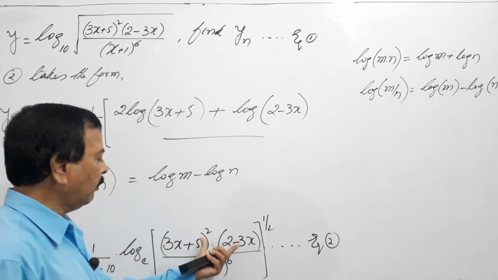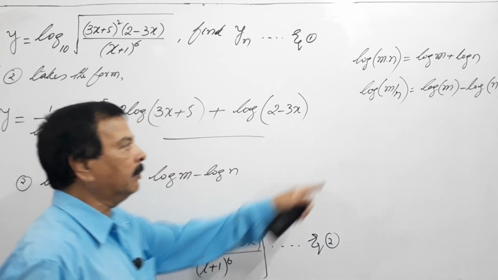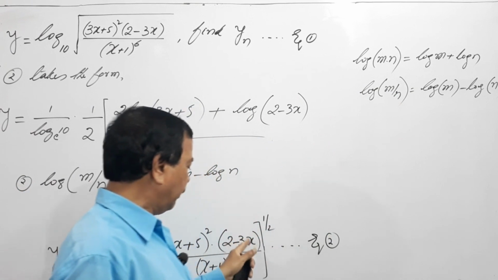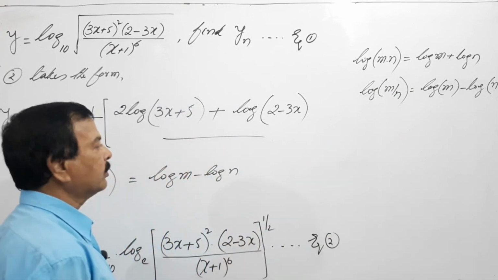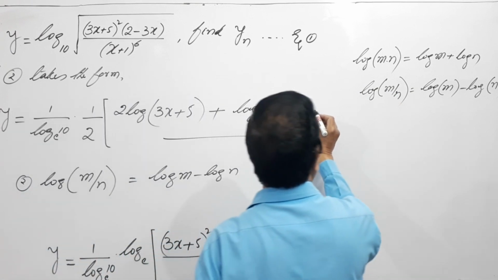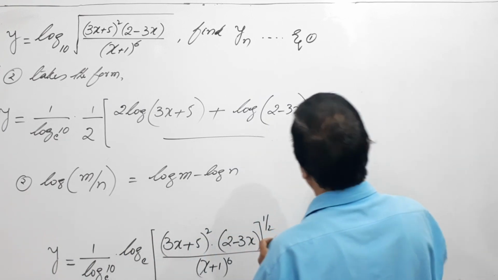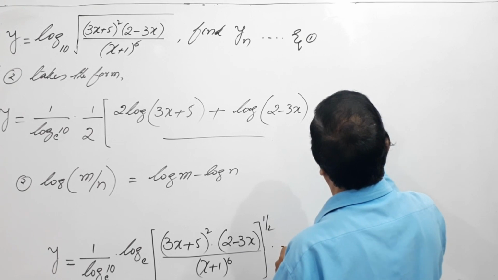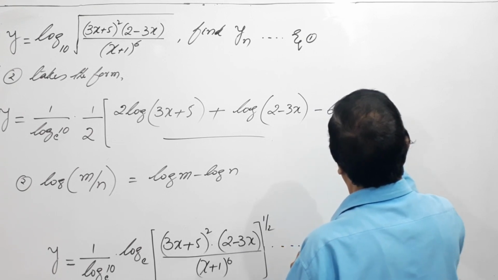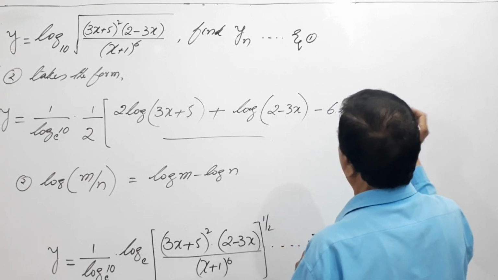So here we have divided by x plus 1, which is nothing but log m by n. So minus 6 log of x plus 1.